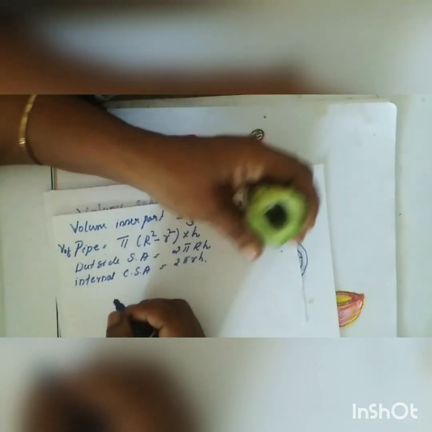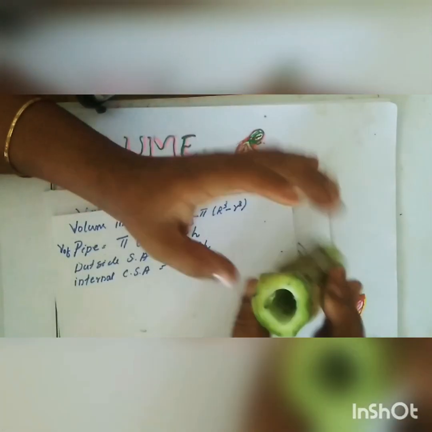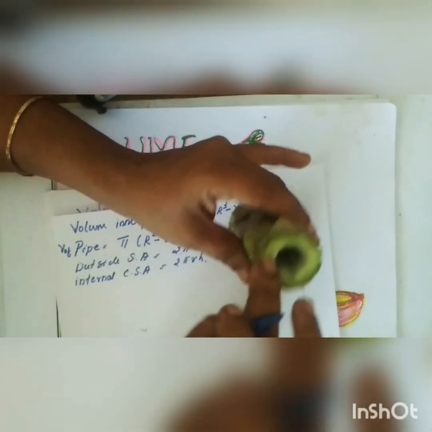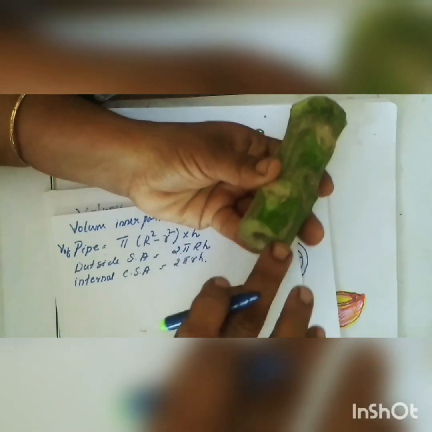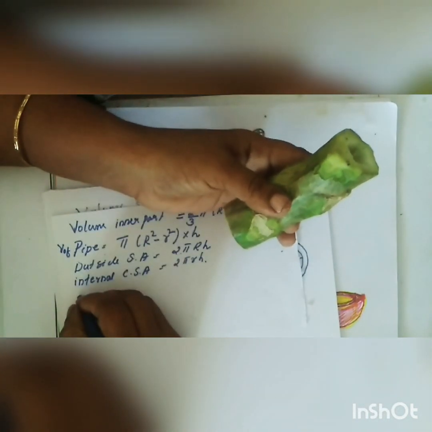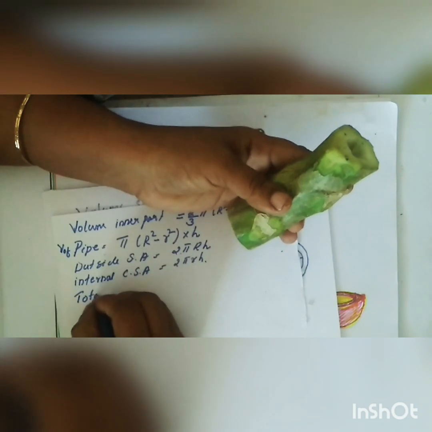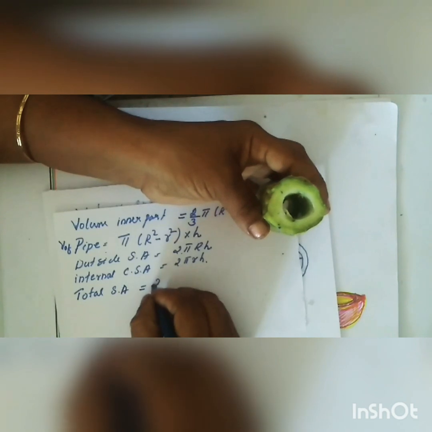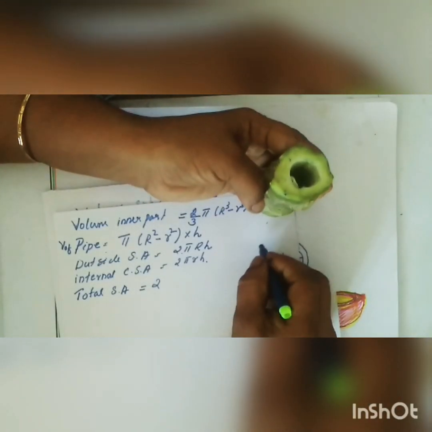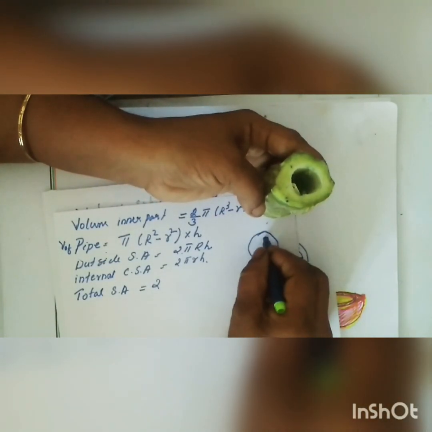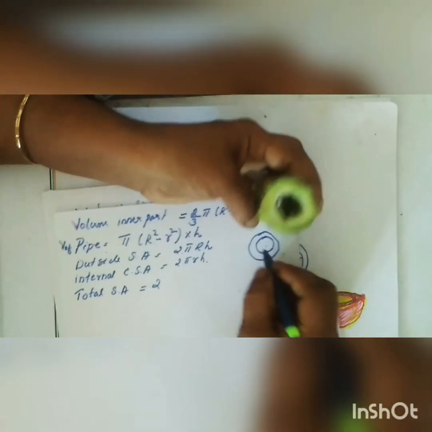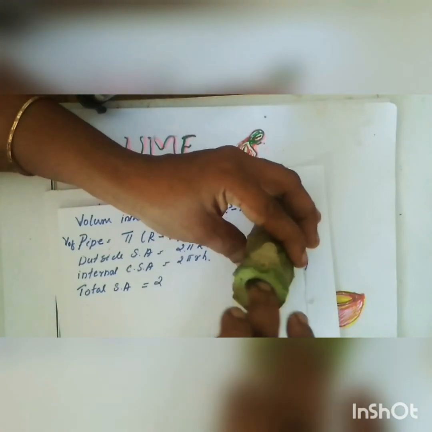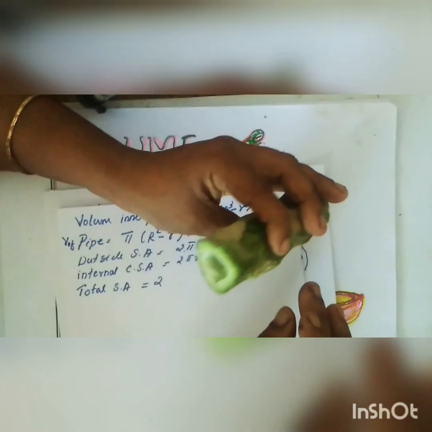For getting total surface area, there are two portions also. Here is a circular ring, and here also a circular ring. Therefore, total surface area is equal to 2 into the circular ring. That is, here is a bigger circle and a smaller circle without any material.